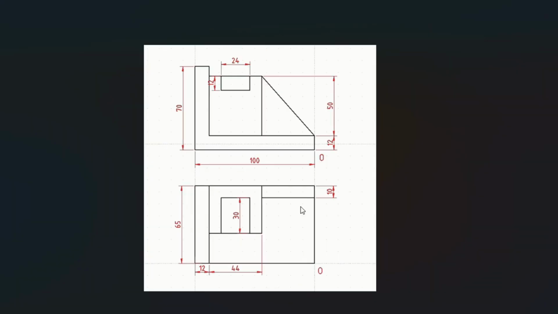Now, let's go to this particular face here. This is another wall that I have referred to. It is 50 mm in height and the overall length is 100 mm. There's a separation, which you need because it's in two parts, which is at 44 plus 12, that is at 56 mm. So let's draw that wall first.